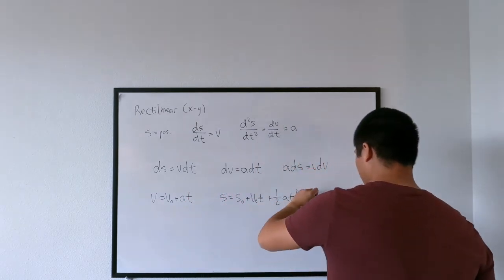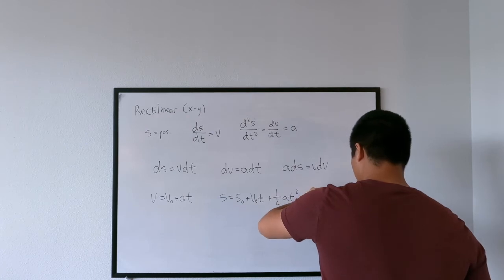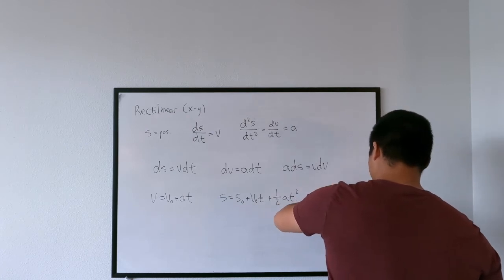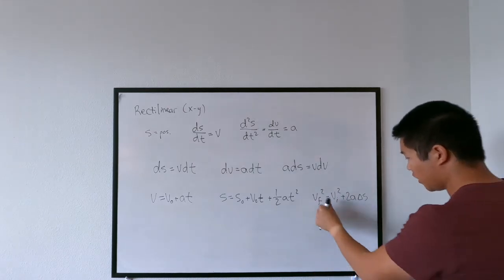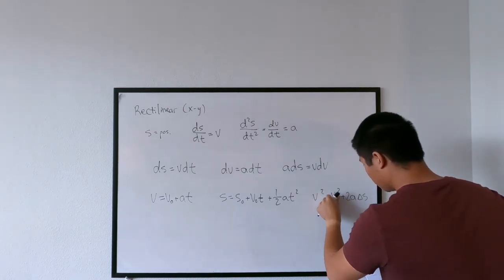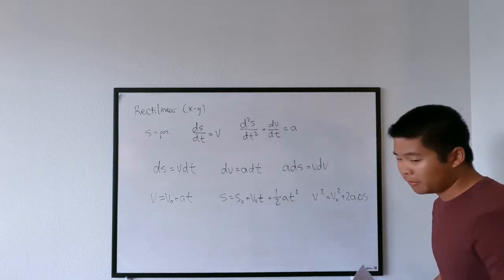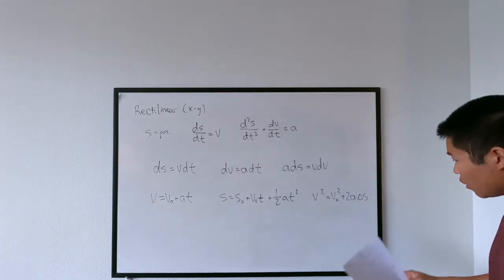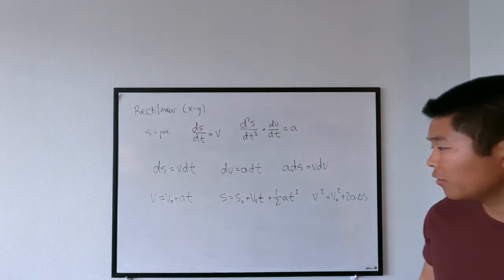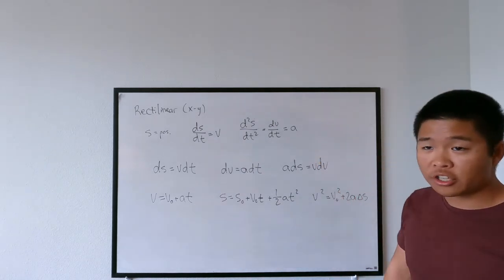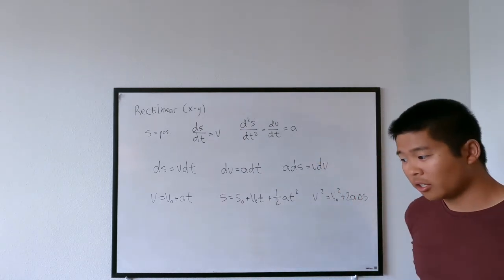And lastly, we get vf squared equals vi squared plus 2a delta s. Or, to keep it consistent with the notes, v squared equals v0 squared plus 2a times delta s. Like I said, these are only for constant acceleration.